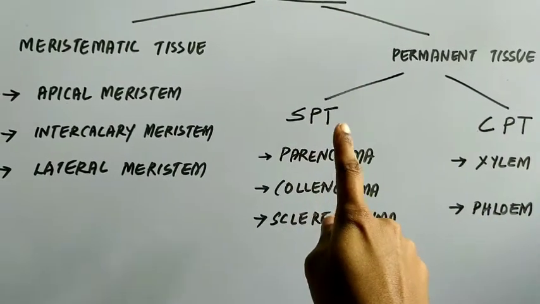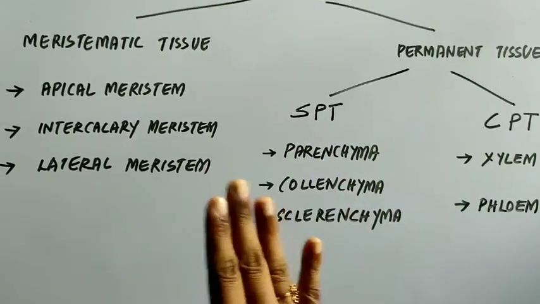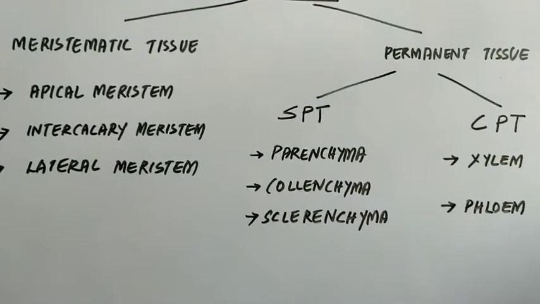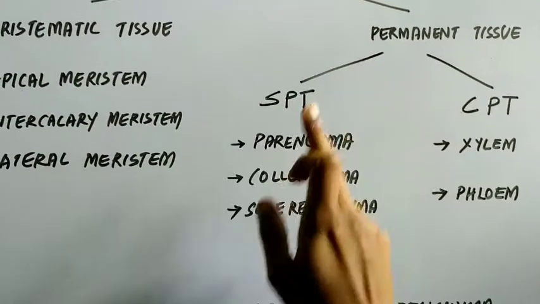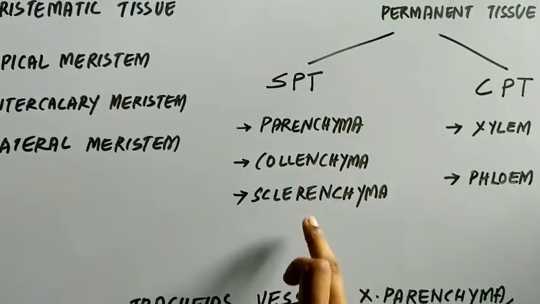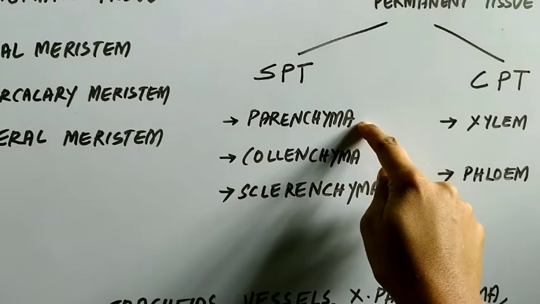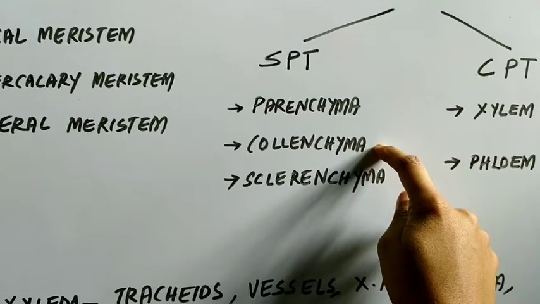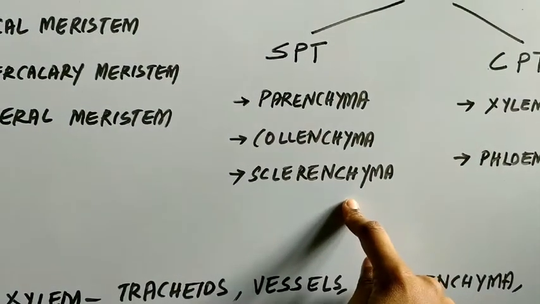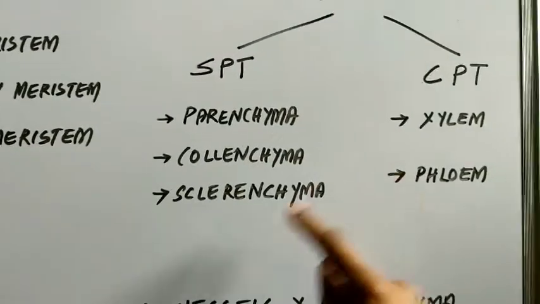Simple permanent tissues are made up of a single kind of cells. Complex permanent tissues are made up of different types of cells. Simple permanent tissues are parenchyma, collenchyma, sclerenchyma. Parenchyma's main function is storage of food. Collenchyma provides flexibility to the plant, and sclerenchyma, since they are dead cells, provide mechanical support.